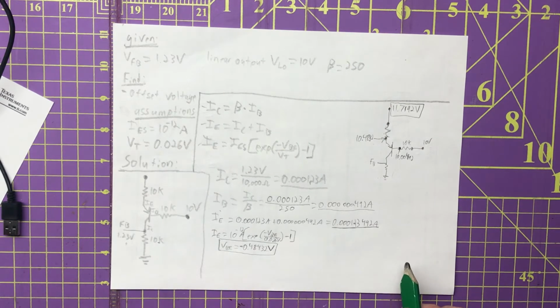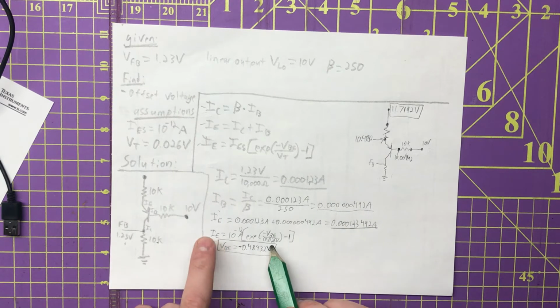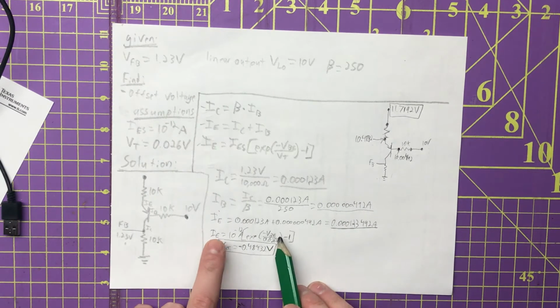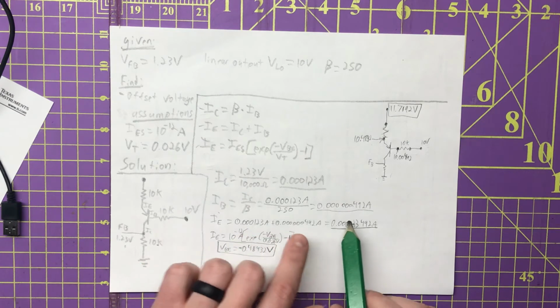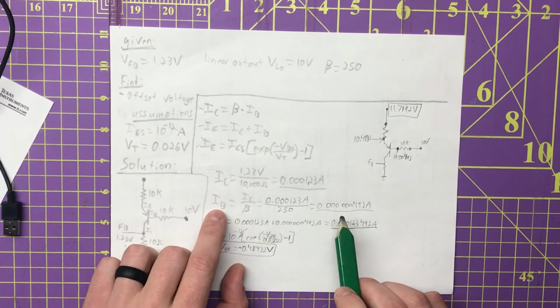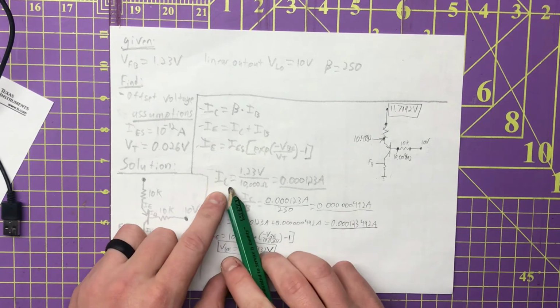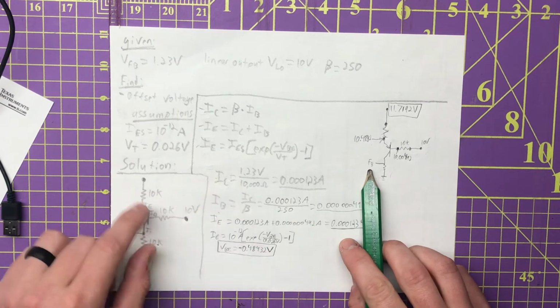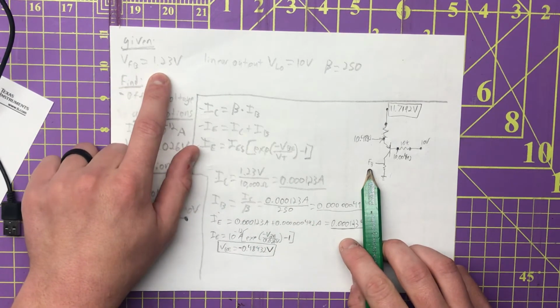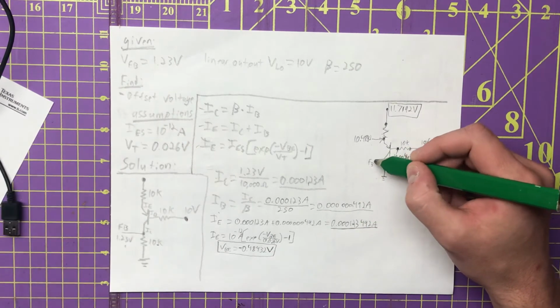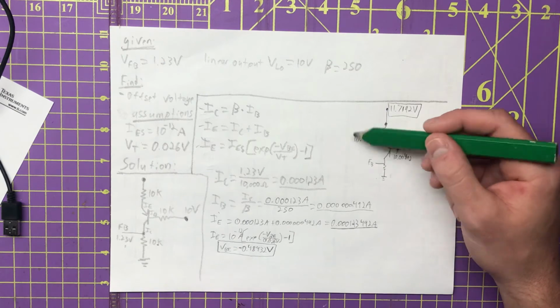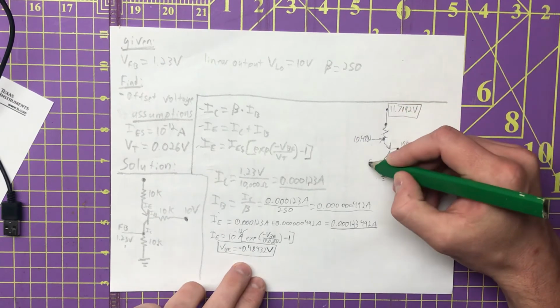Whew. I think, yes, IE will be a constant because, well, I guess, yeah, IC is constant, right? Because this feedback is, it's in our given feedback, 1.23 volts. It's constant because the LM2576 is going to do whatever it takes to maintain that.